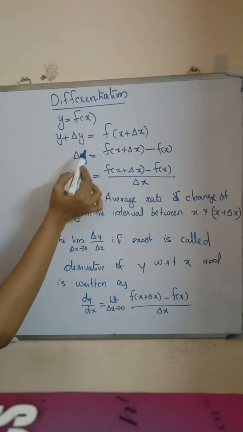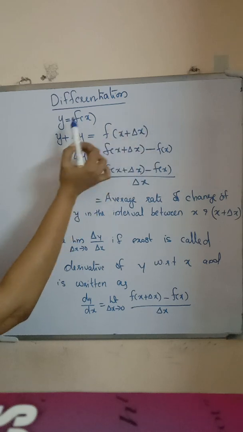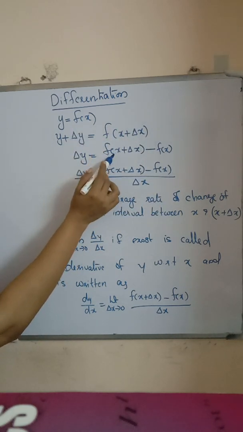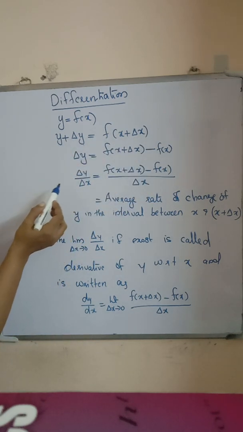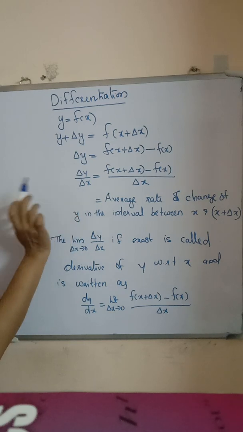Then delta y is equal to f of x plus delta x minus y. Here y is f of x. So delta y, the small change in y, is f of x plus delta x minus f of x. Dividing this equation by the small change in x, that is delta x.